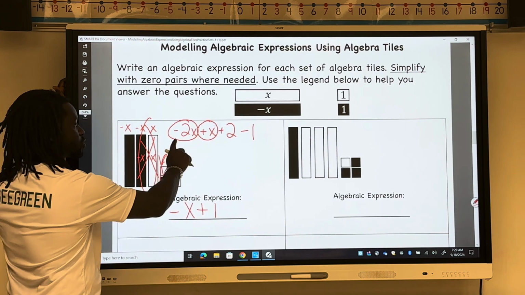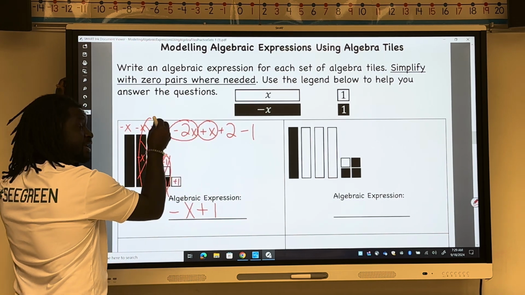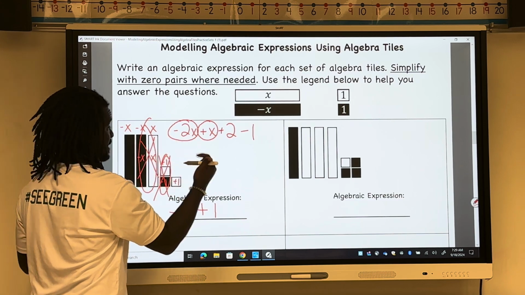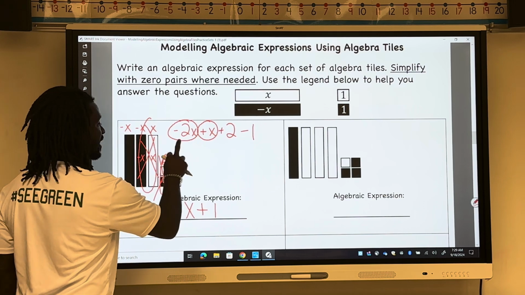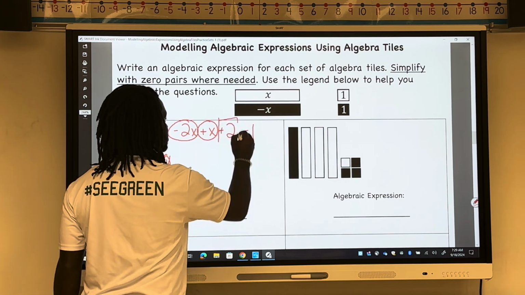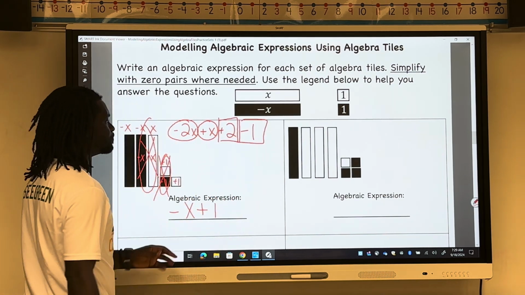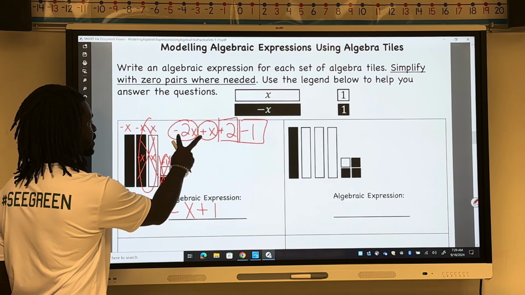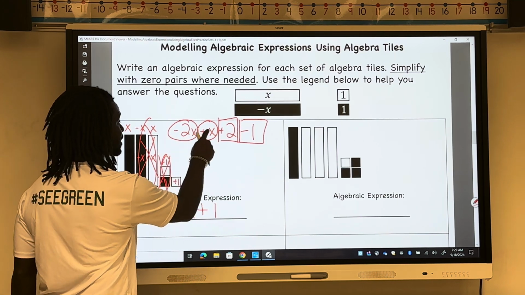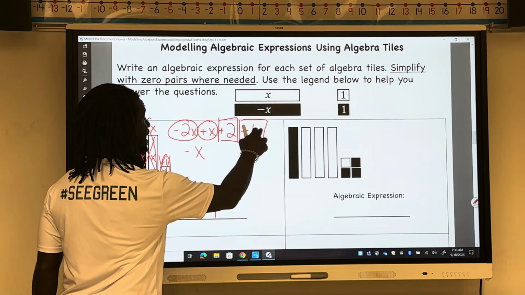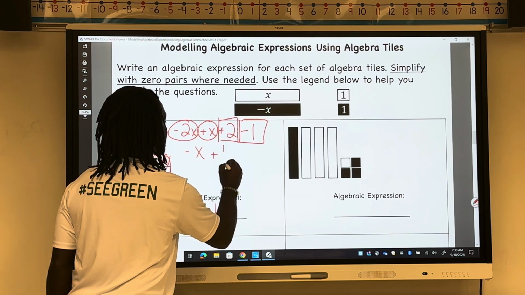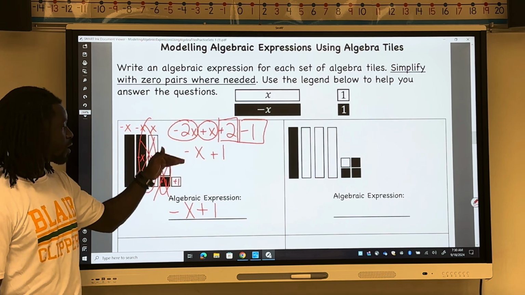To be like terms, it has to have the same variable. And then these two both don't have a variable, so they are like terms, so I would combine these. So negative 2x plus x is going to give me negative x, and then a positive 2 minus 1 is going to give me a plus 1, okay? So that is how we got that.